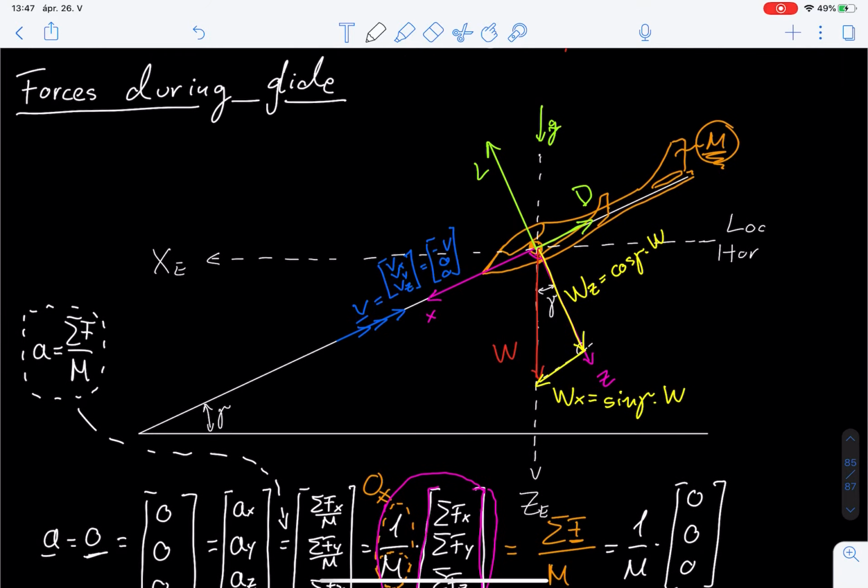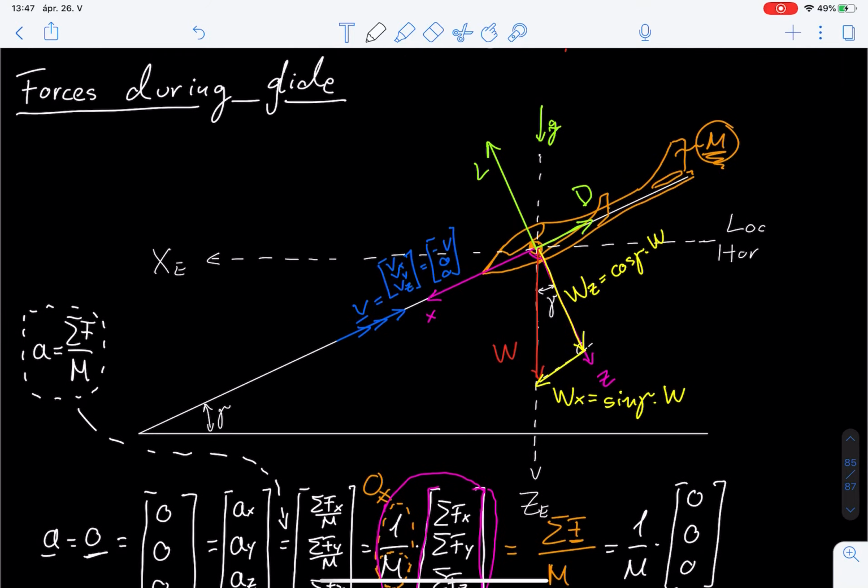Okay, so let's collect the forces acting in the z direction. So we can see that in the positive direction we have the cosine gamma times the weight. Actually this can be quite confusing, so let's delete that. Okay, so we have the cosine gamma times the weight, and in the negative vertical direction we have the lift, which is minus the lift, and this whole expression, we know from this one, is going to be equal to 0.